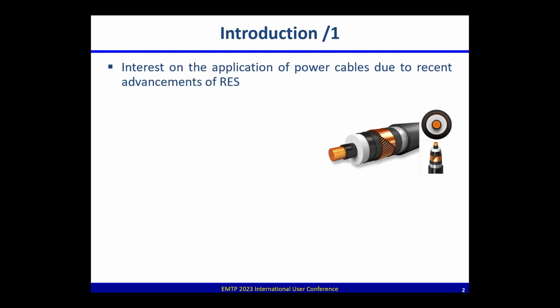Let's start with an introduction. As we all know, we have recent advancement of renewable energy sources, both in onshore and offshore grids. Thus, there is an interest in the application of power cables in several topics regarding electromagnetic interference.